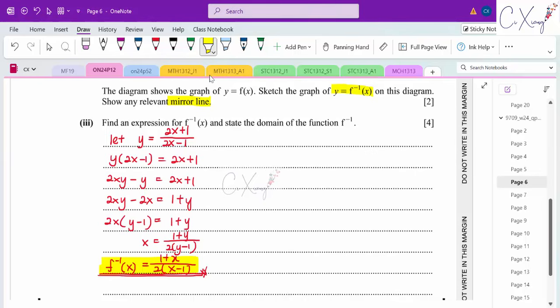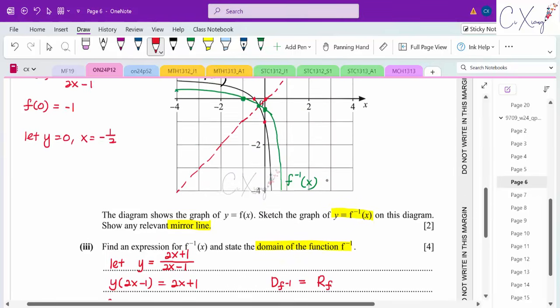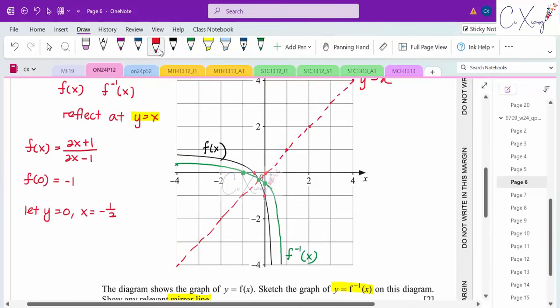Alright, and after that, they also ask us to find the domain of the inverse function. Alright, so we need to know that the domain of the inverse function is equal to the range of the function. And now, how do I get the range of the function? So please go back to the diagram given here.